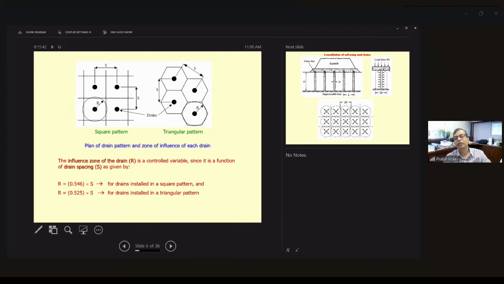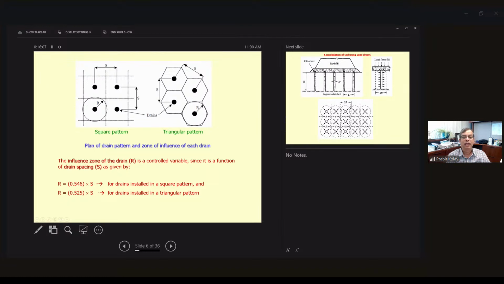Again, as I mentioned, the sand drains can be in a square pattern or a triangular pattern. Earlier you have seen the triangular one. Then you can find out the spacing between two sand drains, and from that the equivalent diameter, that is, how much the influence zone of the drain is.